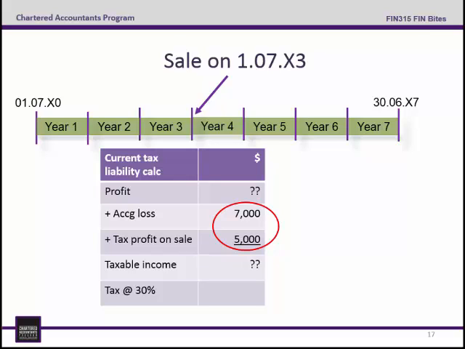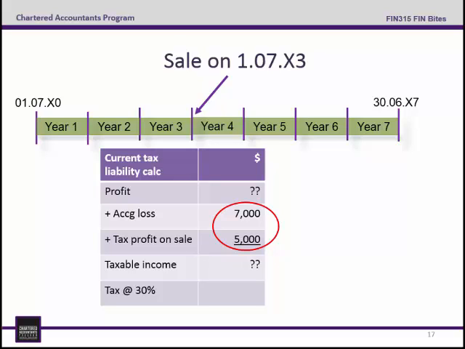That's because the accounting loss of $5,000 isn't deductible for tax purposes, but the tax profit of $7,000 is assessable. So overall, when calculating my taxable income, I've got this $12,000 add back. Remember that we usually perform these current tax liability calculations at the end of year 4. But if we did it on the 1st of July, there'd be this $12,000 add back.